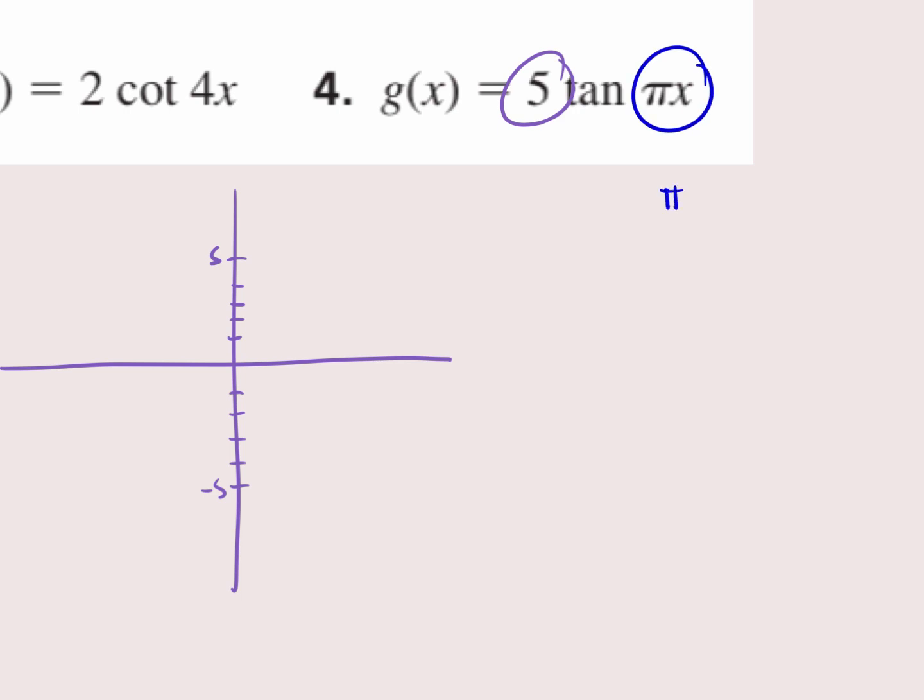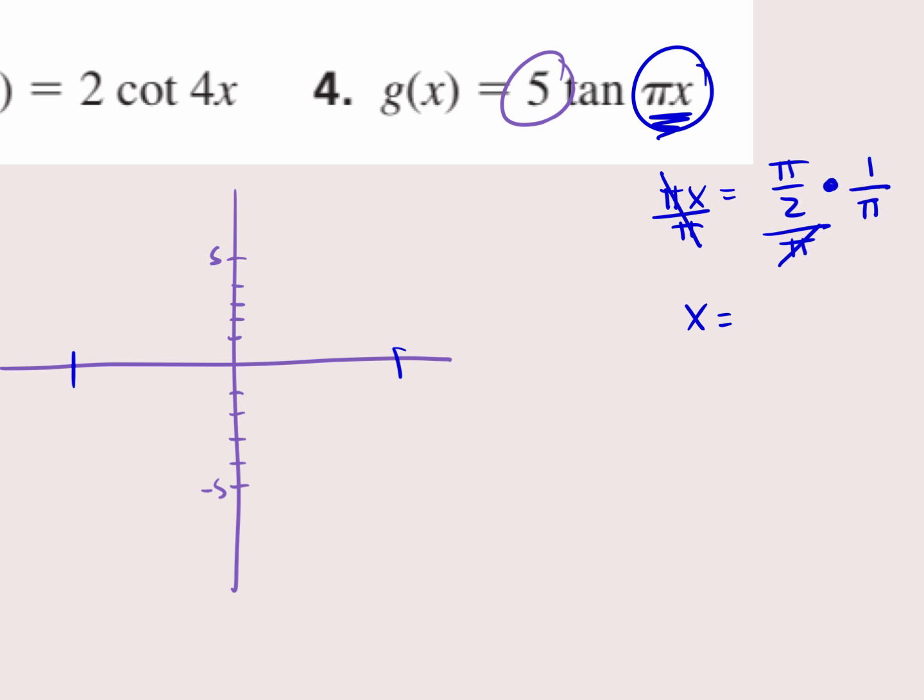So I set pi times x equal to pi over 2. Whatever's after the tangent, that's what you set equal to pi over 2. It's always pi over 2. So we solve for x. I'm going to divide both sides by pi. So x is equal to, got to keep, change, flip. Be super careful with keep, change, flipping.